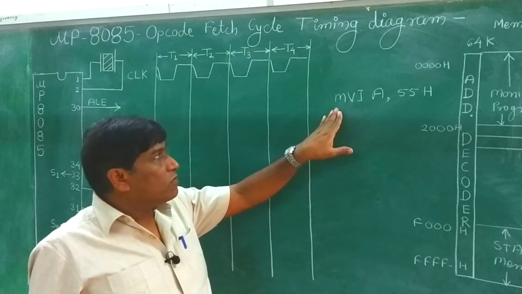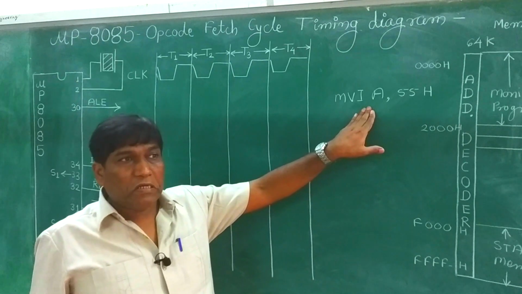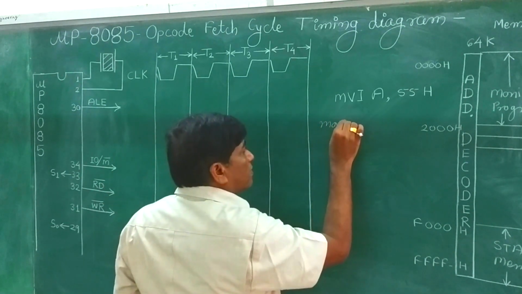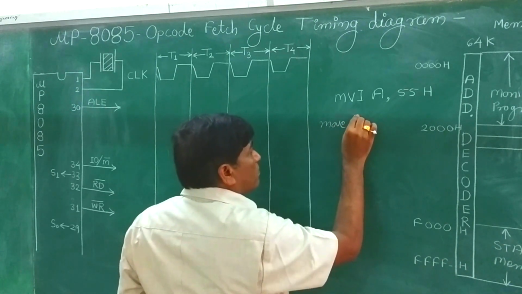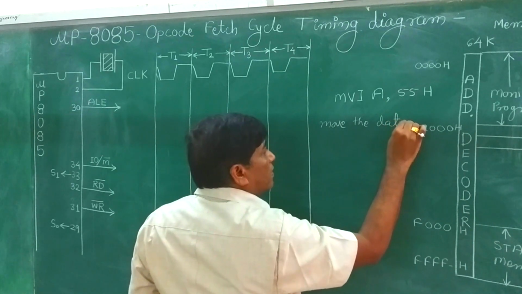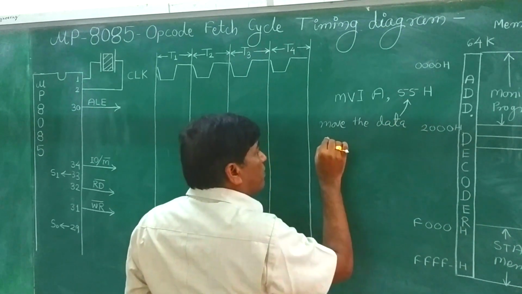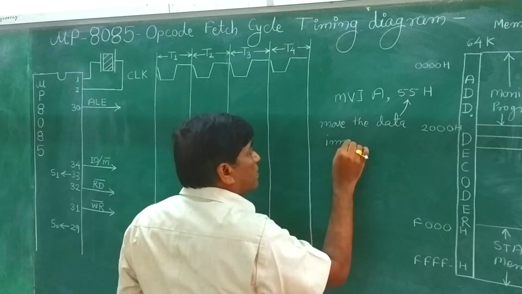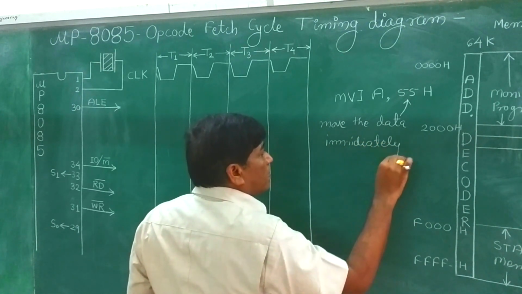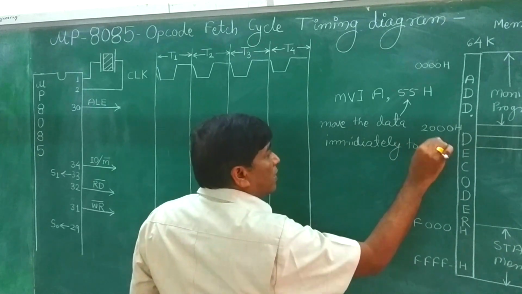First I am telling you MVI A. It means move the data, this data immediately, to the accumulator register.